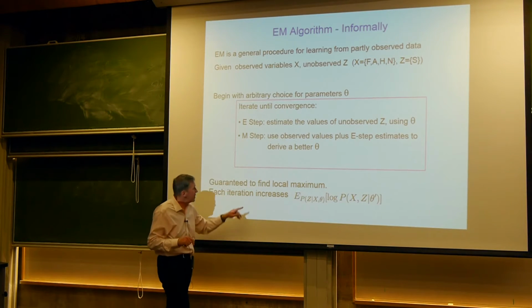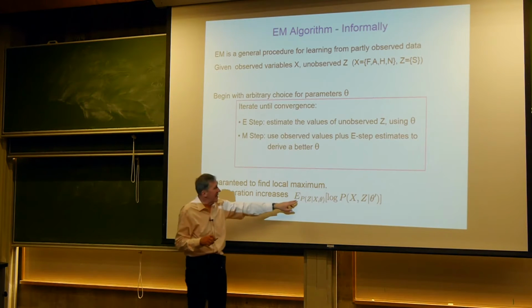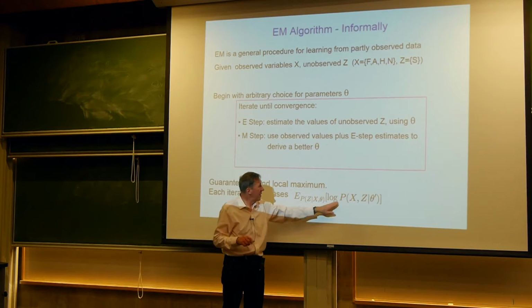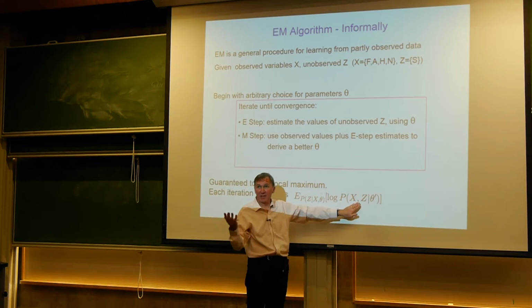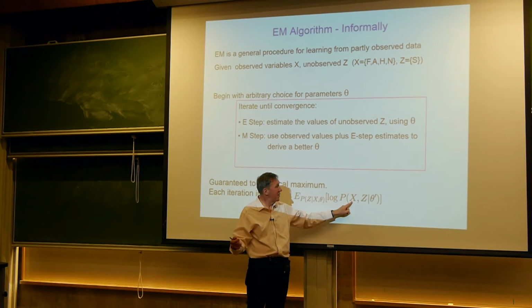And when I say better, precisely what I mean is that on every iteration, we're increasing the expected value of the joint likelihood, the likelihood of all the variables, both the observed ones and the unobserved ones.